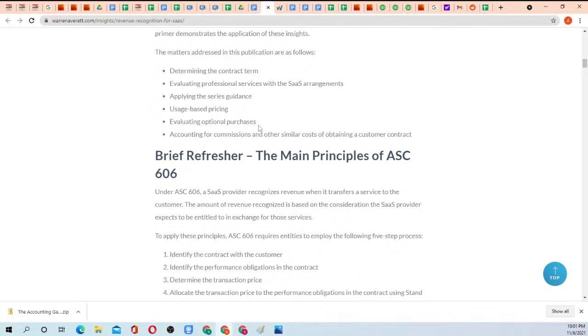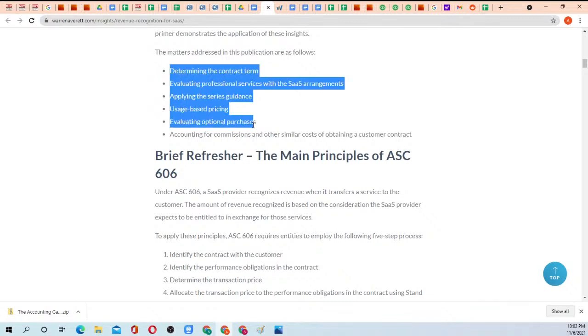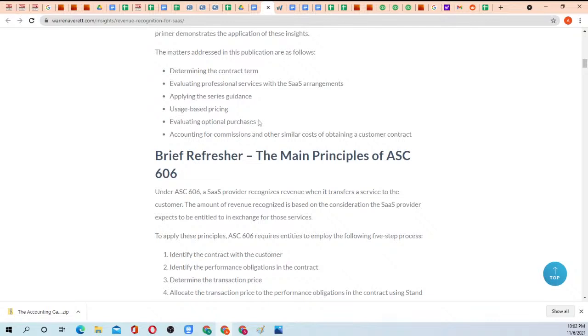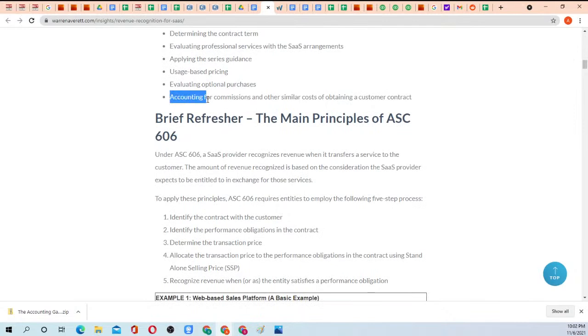Imagine you have all of that stuff in your contract proposition, but at the end you have only one number, $100,000 for a lot of stuff, and some of that stuff is over the life of the project, some of that stuff happens at the beginning of the project, some of that will happen at the end of the project, and some of that stuff is optional, and you will probably be charged extra money if you use that optional. So that's what issues we have with the SaaS industry.